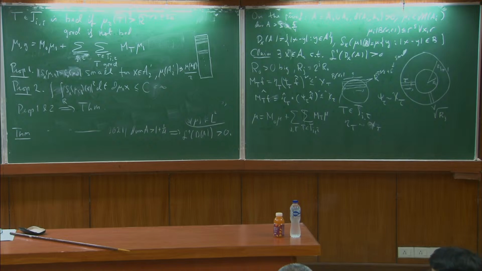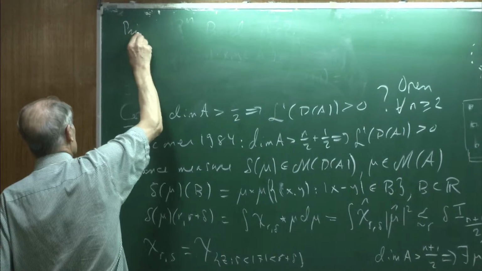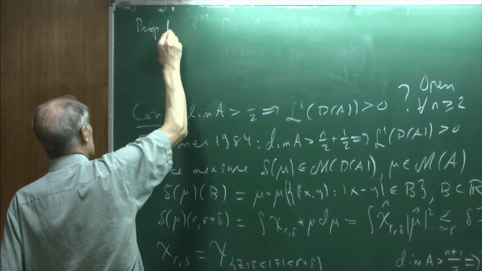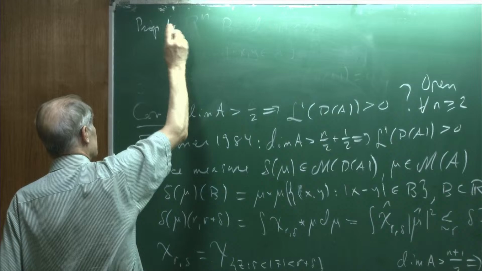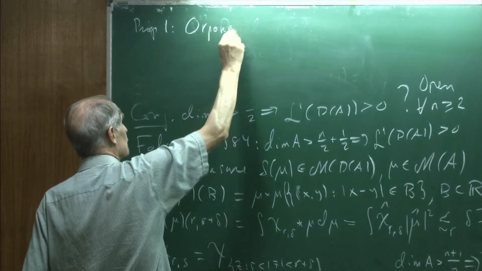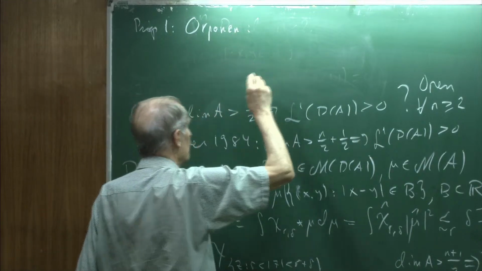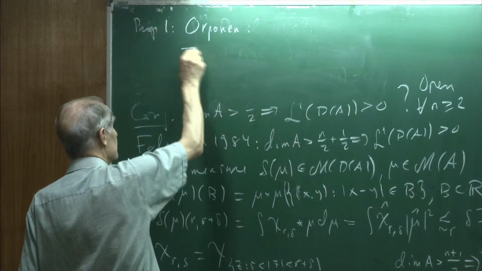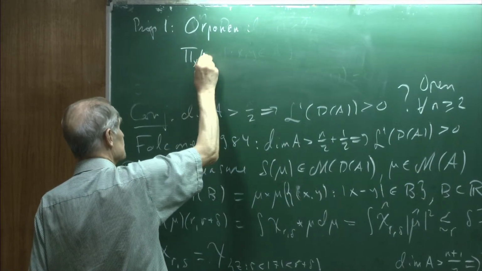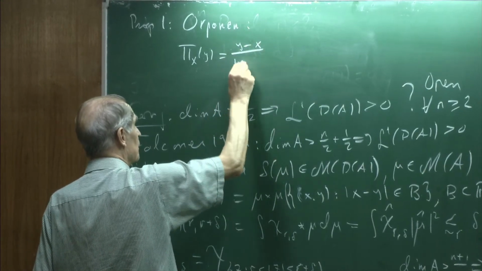I'll just say a couple of things. So for Proposition 1, one uses Tuomas Orponen's radial projection theorem. If you look at radial projections from x, this is (y minus x) divided by the norm of (y minus x).